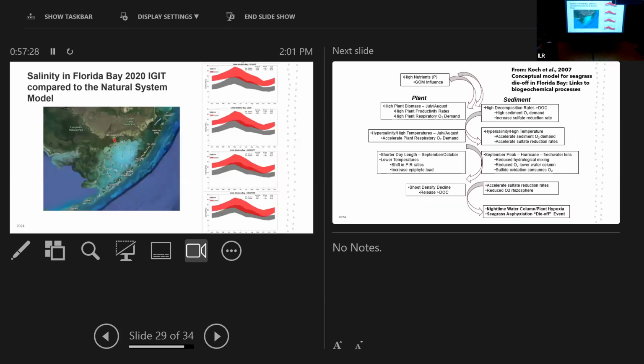This is the 2020 IGIT for Madeira Bay, which is one of those right up in the center there that is very variable in its salinity and gets very high salinities at times because it doesn't get water consistently through Taylor Slough. These are the results of each of the model runs, and the gray is the natural system model.